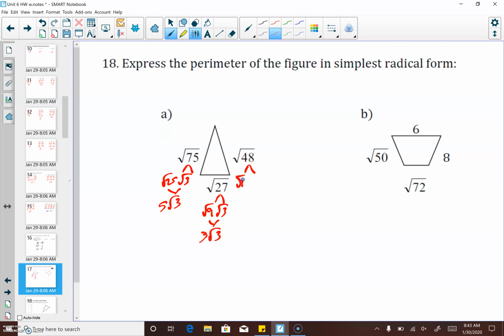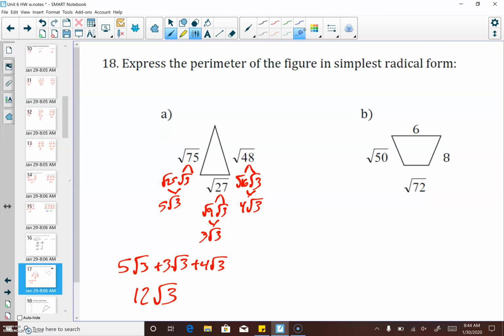And 48 is 16 and 3, 4 square root 3. So, luckily enough, these all have the same radical. So when we go to add them together and find our perimeters, we are going to be able to add them all together. 5 plus 3 is 8 plus 4 is 12 square root 3.